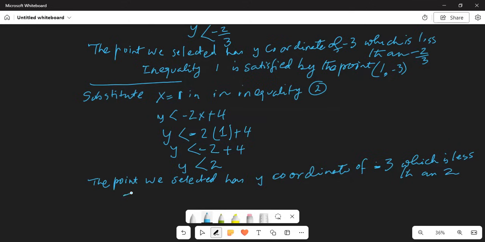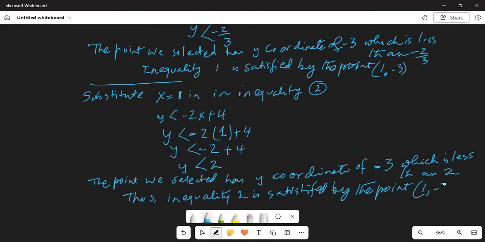So thus inequality 2 is satisfied by the point 1, minus 3.